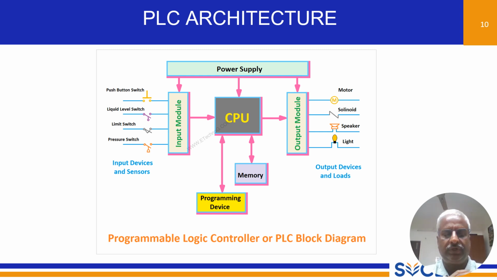Of course, the programming device is not a part of PLC, but it is a necessary, essential part of PLC. We'll discuss the need or importance of the programming device after completing these PLC architectural features.